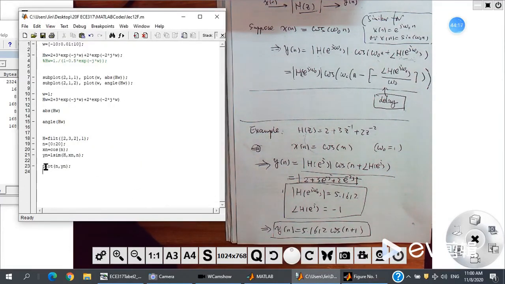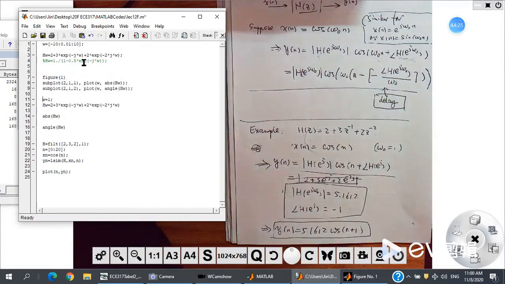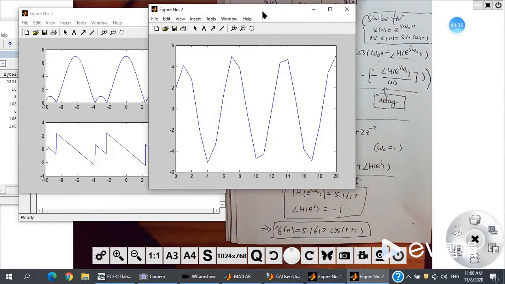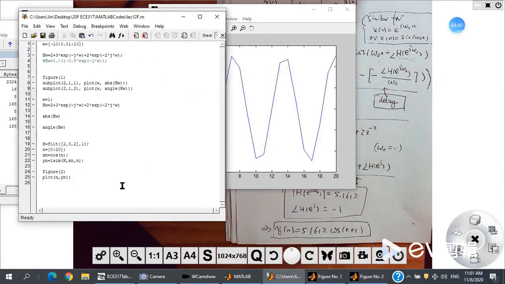I need it. That is figure 1. Figure 2. Okay, this is the output. It looks not so good.